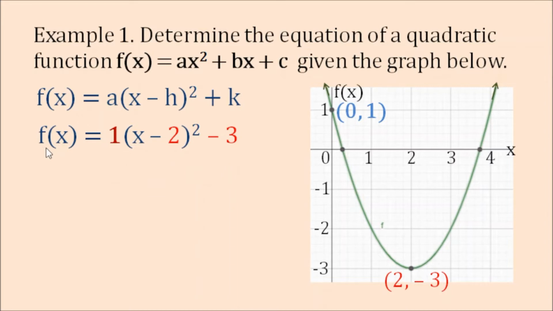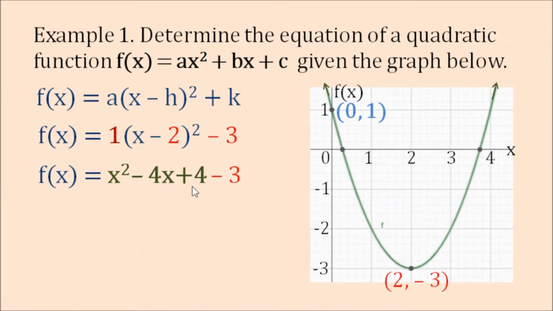Our equation now is in vertex form. Since we are asked to write it in standard form, we continue with the next steps. So this one here won't affect the quantity x minus 2 squared. So we can just square this binomial here, x minus 2. So we have f of x equals x squared minus 4x plus 4.